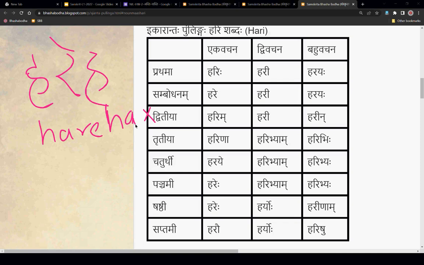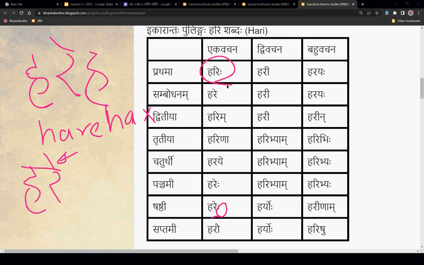Before this, Hare is there, right? And at the end, what is the sound here? A. And after that you just release the breath, push the air out. Hare. That A is continuing with the release of the breath. So don't think this Visarga is a separate sound.